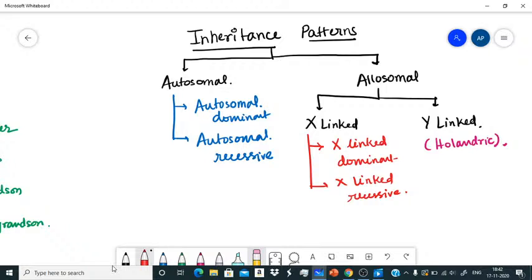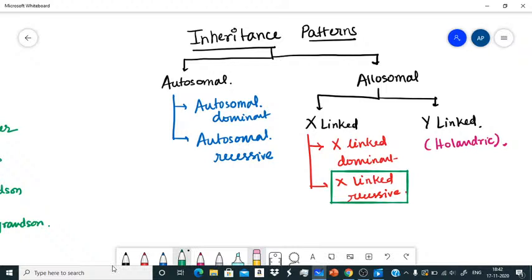Okay, all right. Now, thank God we do not have much of Y-linked inheritance, autosomal dominant, or autosomal recessive in our syllabus. We only have two X-linked recessive Mendelian disorders in our syllabus.